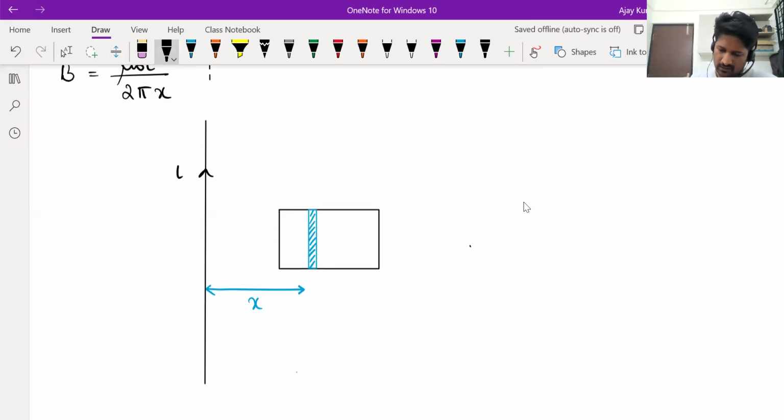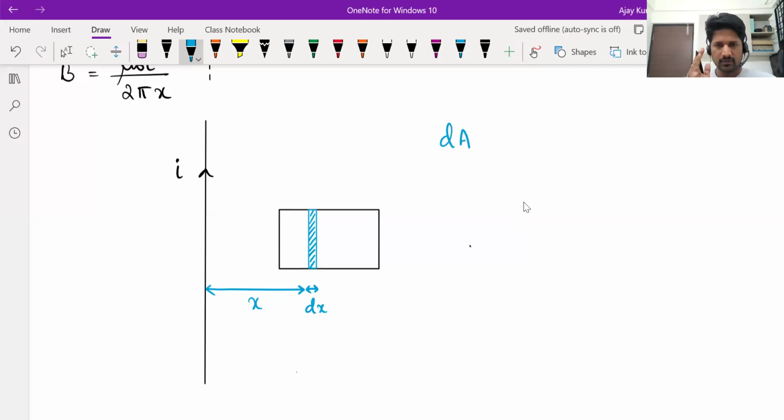The wire is carrying the current I. The rectangular strip will have some width dx, and within that width dx, the field strength doesn't change much. So you can assume that this rectangular element is under uniform magnetic field. That shaded area is what we are going to consider as dA.